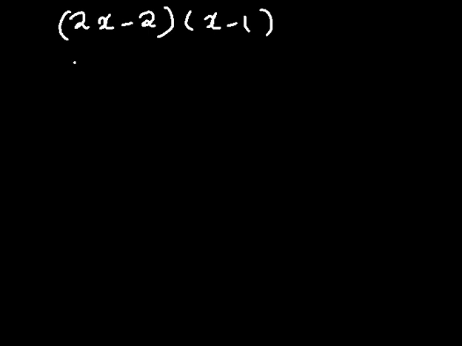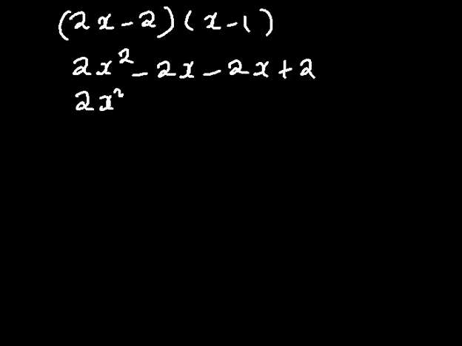That will be given as 2x squared, and 2x times negative 1 gives negative 2x. Negative 2 times x is negative 2x. And negative 2 times negative 1 gives positive 2. So we have 2x squared minus 4x plus 2. Now this is the quadratic expression.